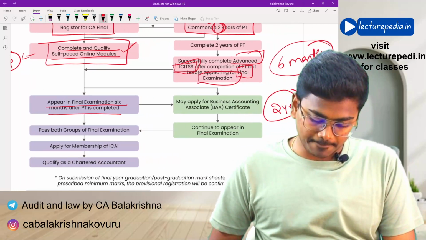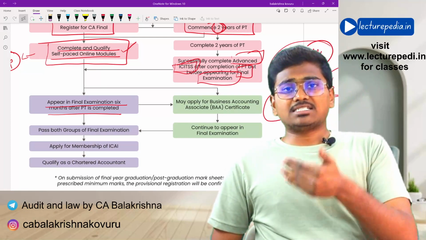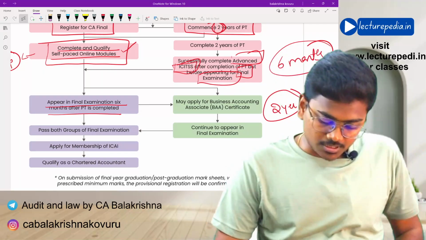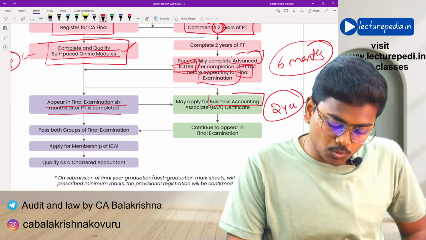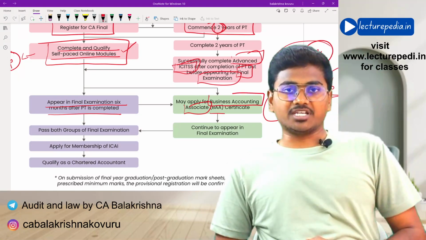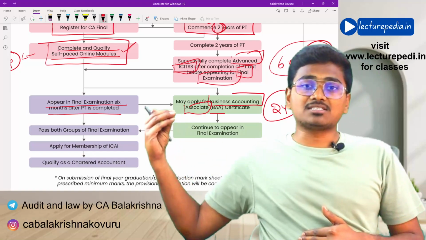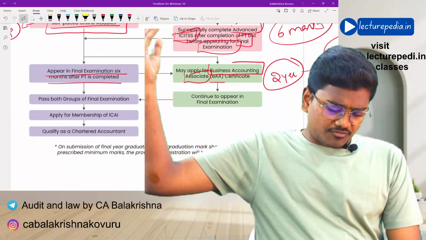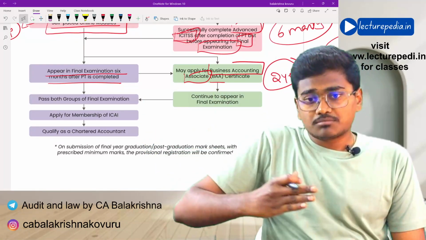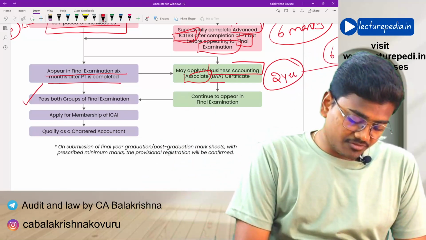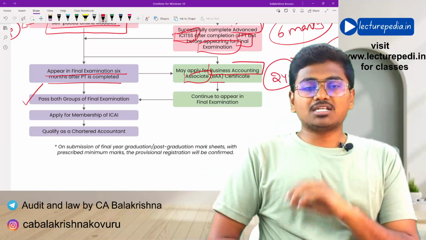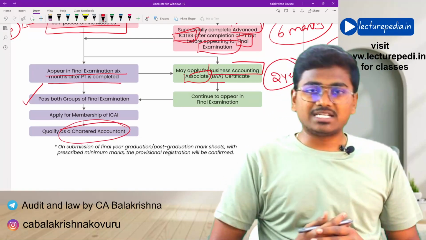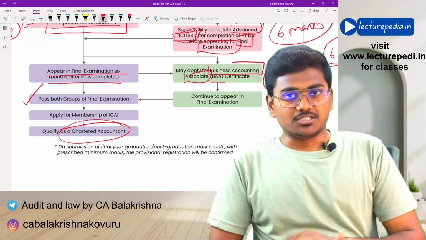Hope that is clear. Now at this stage, after completion of your practical training, you can also apply for the Business Accounting Associate, BAA, certificate, if you want. After completing the practical training and the study period of 6 months, you can appear for the CA final examination, and you can pass both the groups of CA final, and after that you will be treated as a chartered accountant.